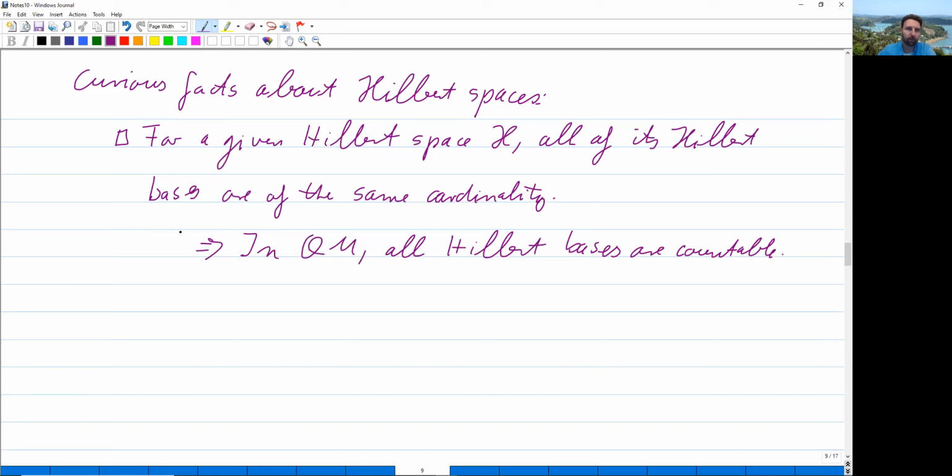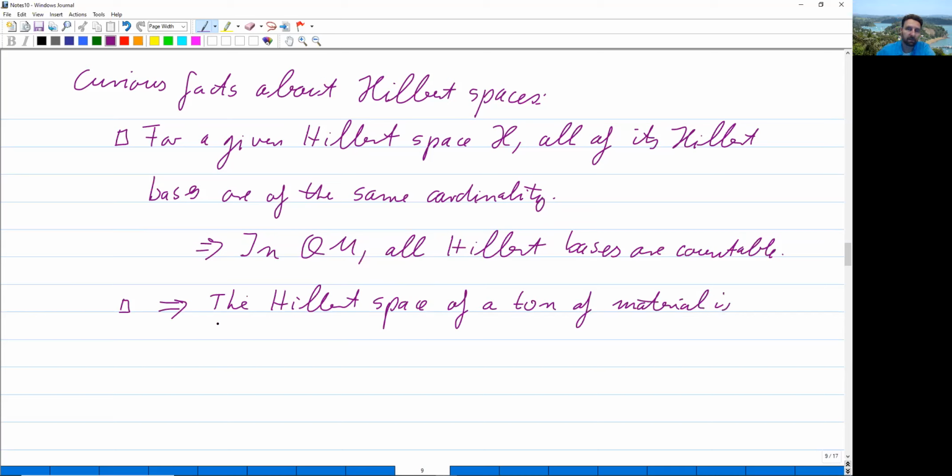This is curious for two reasons. One is that the Hilbert space of a ton of material is the same size as the Hilbert space of one single electron.